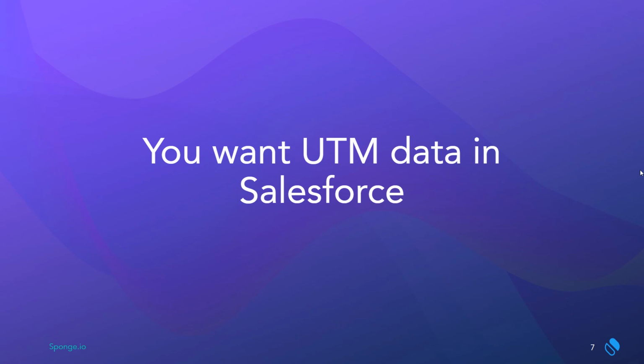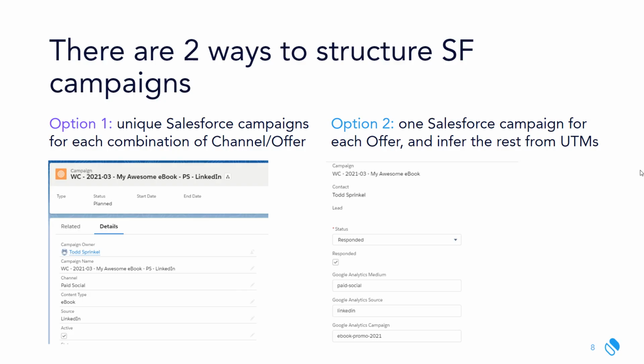Once you get this attributed in Google Analytics, for example, the next logical step is getting this data into Salesforce. I'm going to gloss over this again, but generally speaking, there are, in my opinion, two correct ways to structure your Salesforce campaigns in order to attribute anything back to what marketing is doing. Option one is creating unique Salesforce campaigns for each combination of channel and offer.